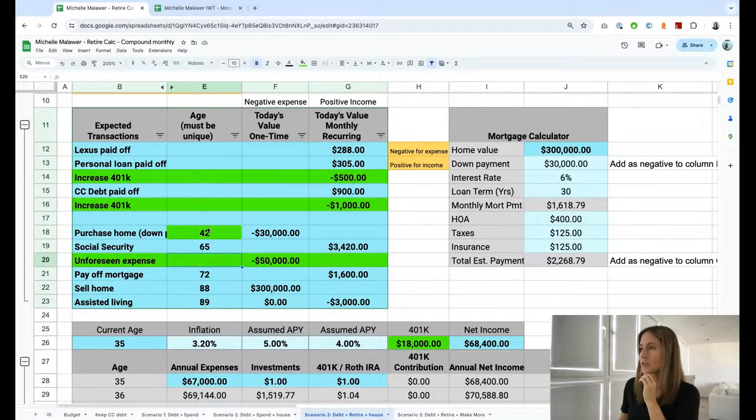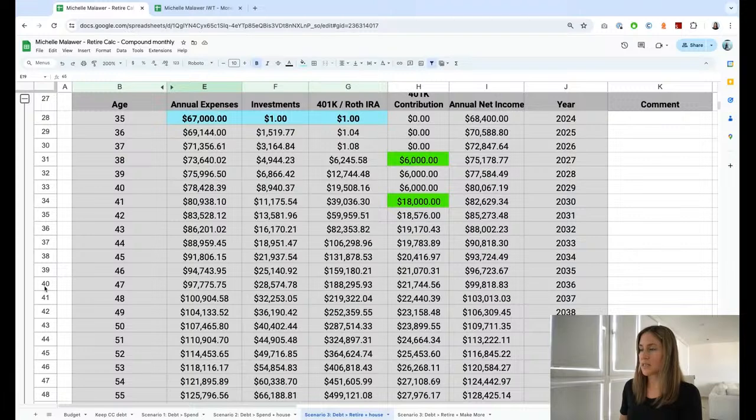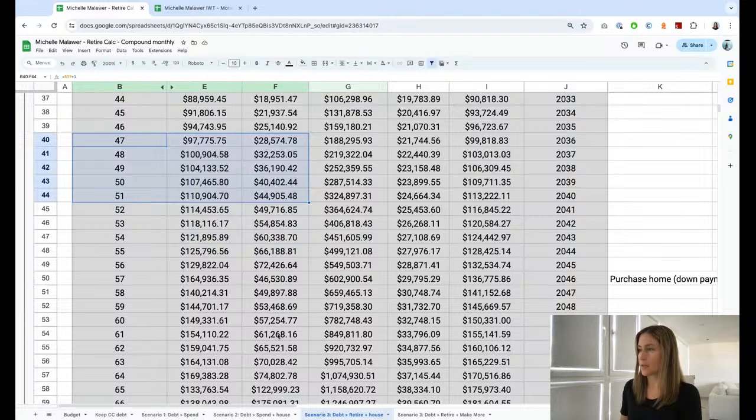Got it. Okay, so 42 might be too young. So let's say we keep it at, they buy the house at 57. The reason I chose that age is I'm waiting until savings gets above 30K before making the purchase.